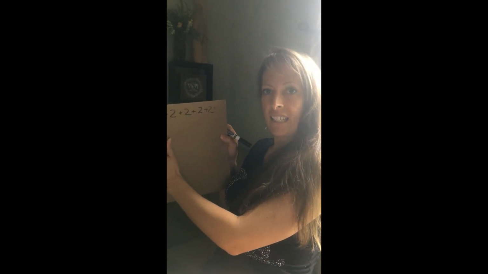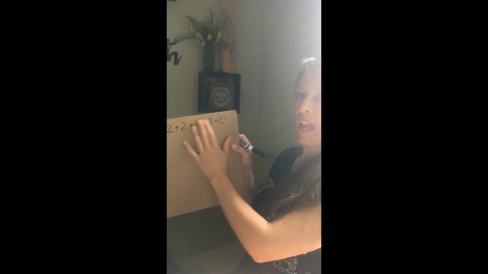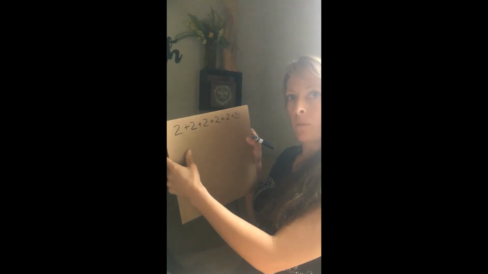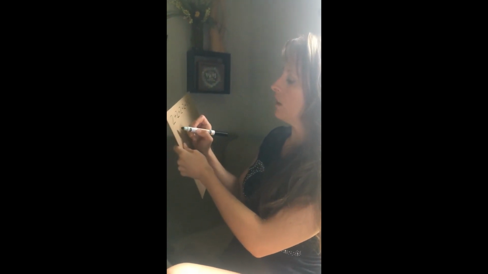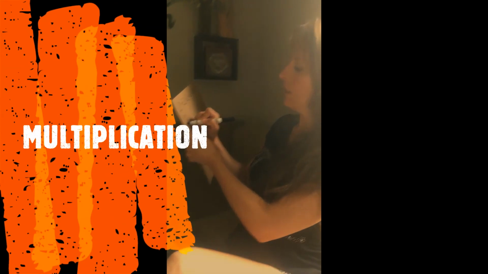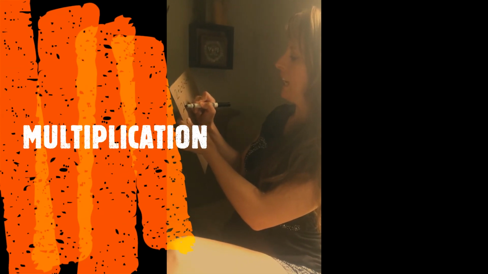Or I could take the next step and come up with this neat little nifty word that people use called multiplication. So I'm going to do 2 times 6. And if we add them up, 1, 2, 3, 4, 5, 6, 7, 8, 9, 10, 11, 12, they both mean the same thing.